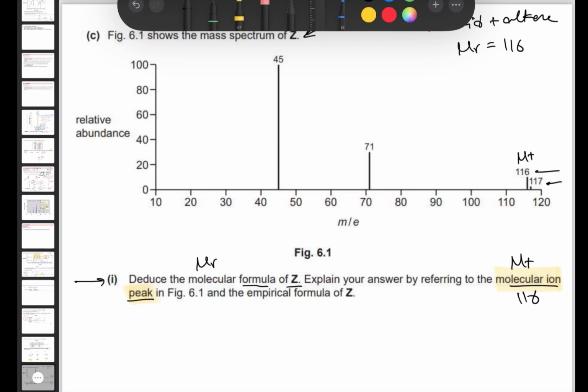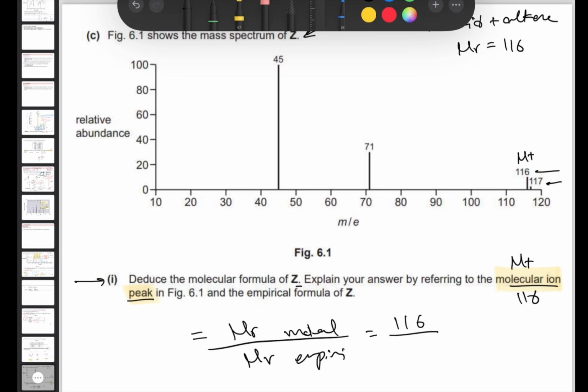And the question is telling me how to determine the molecular formula. It could be C5H5O5, for example. What is the value in here? The ABC of the O level, we can take the MR of the molecule over the MR of the empirical. And if you can see here, we have 116 over, what is the MR of the empirical?